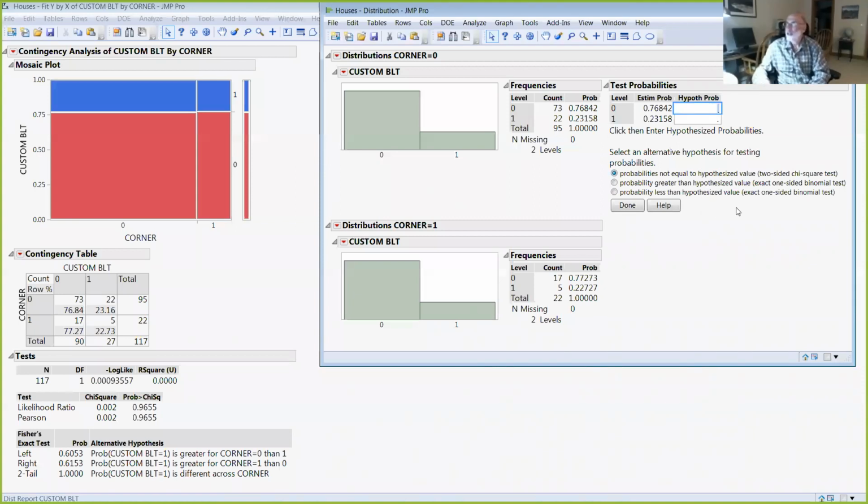So we could say, is it possible that for these non-corner houses the percents would look just like they do for the corner houses? So we could put in the numbers from the second table.